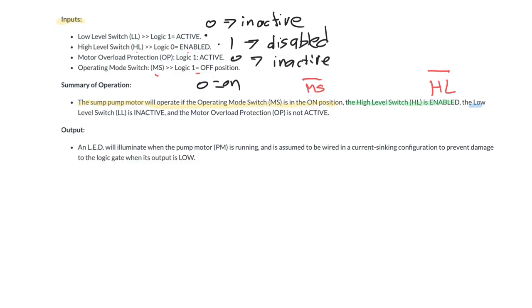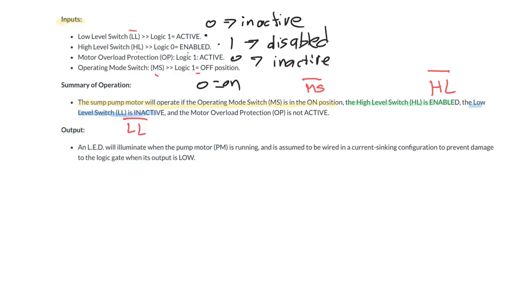And then the low level switch LL is inactive. So that's going to be this one here. If 1 is active, 0 is inactive, then this would be LL not. And finally, I'll go back to yellow.